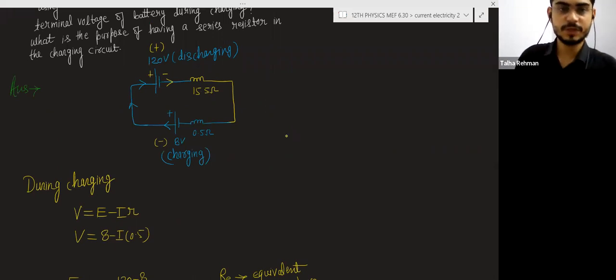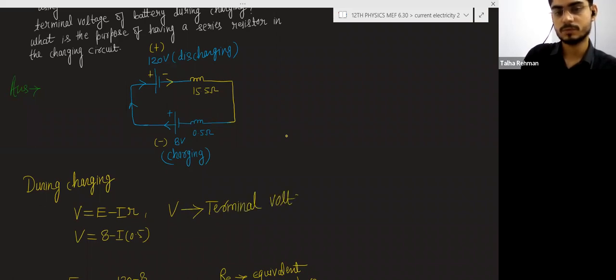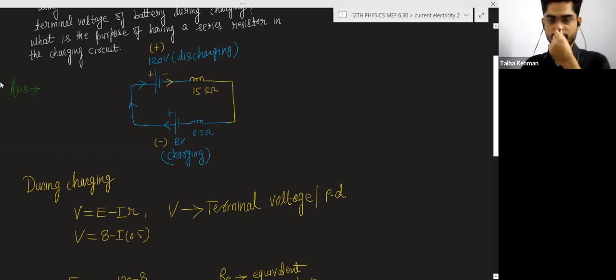And V, what is V? V is the terminal voltage or terminal potential difference. All of you just note it down, and when completed, please tell me.